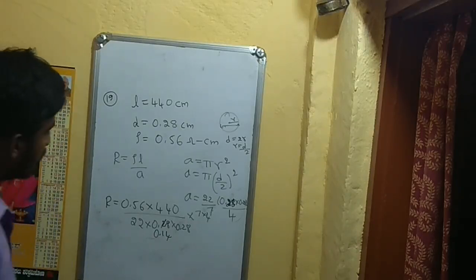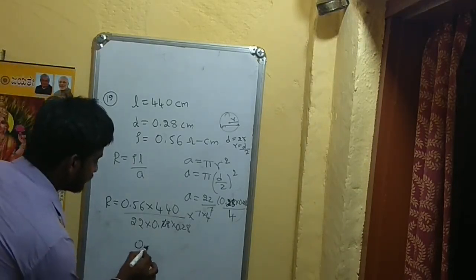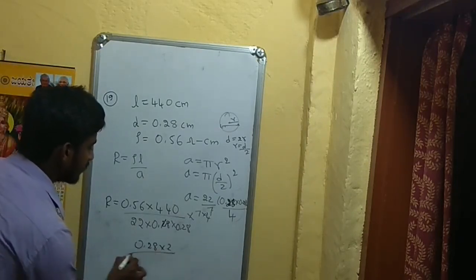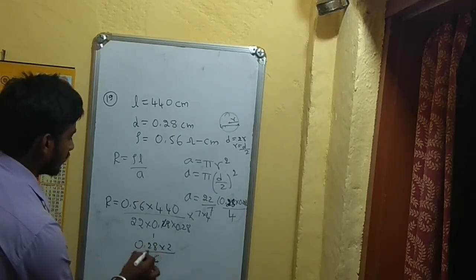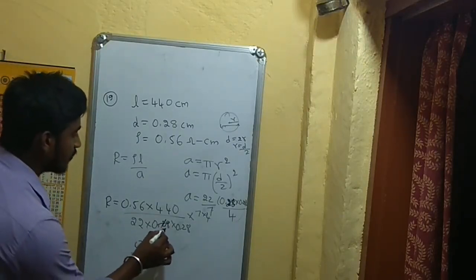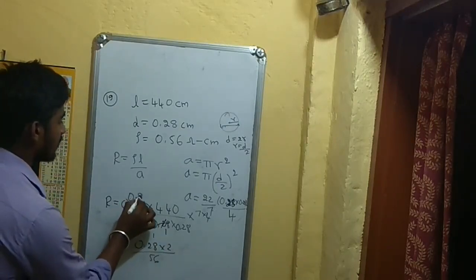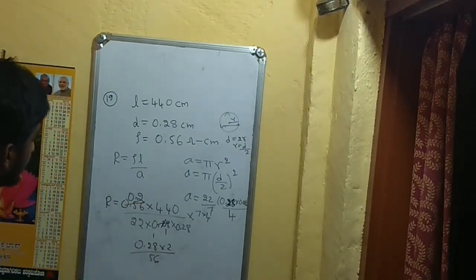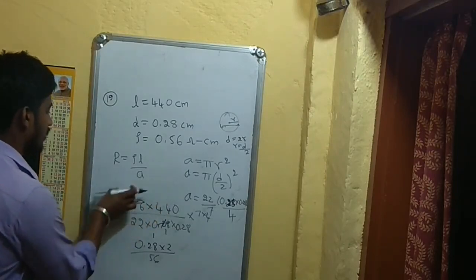Then 0.28 into 0.28 two times. 2 times will be 0.56.